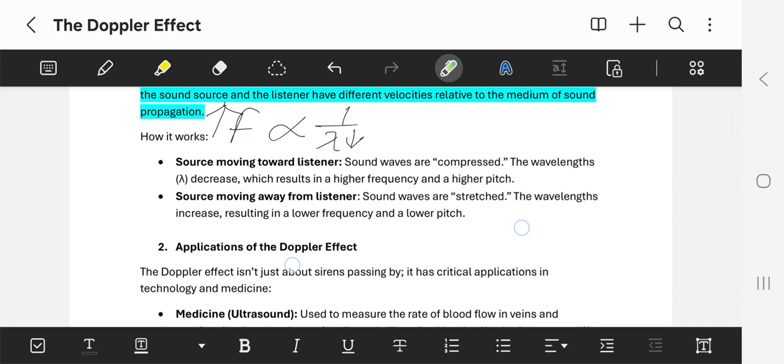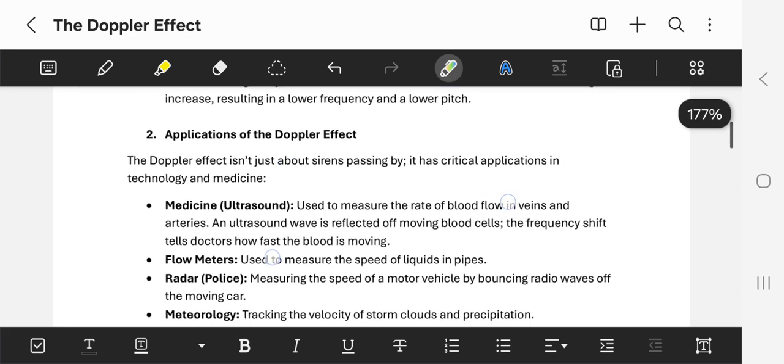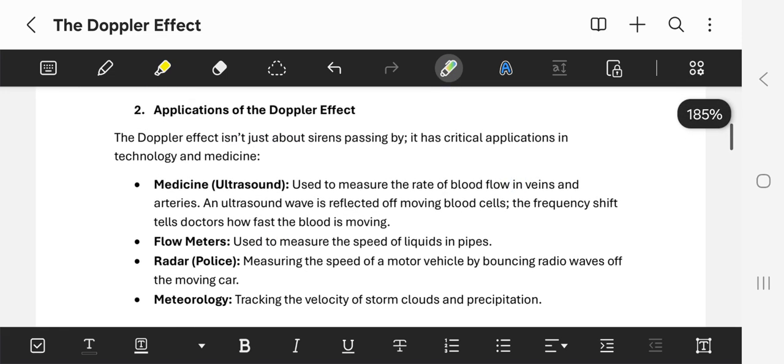All right, now let's look at the applications of this Doppler effect. This Doppler effect is something that is applied in the real world. Okay, so here the Doppler effect is not just about us hearing those siren sounds from our sound sources, but it also works in the clinical applications of technology and medicine.